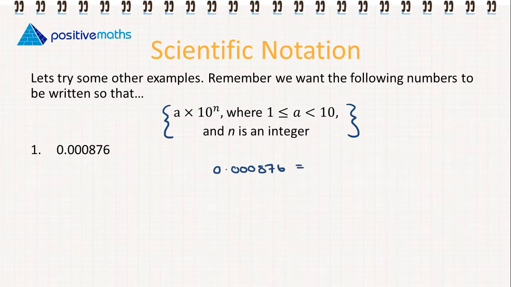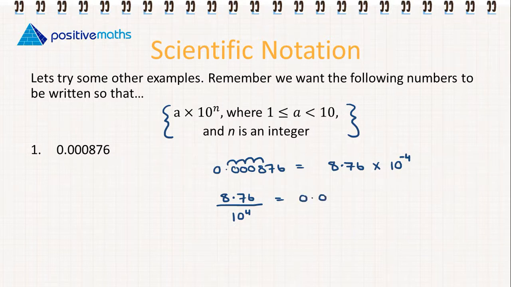First of all, my number between 1 and 10 is going to be 8.76. Now it's going to be multiplied by 10 to the power of, 1, 2, 3, 4 places, so it's going to be minus 4. Again, just to recap, that is because 8.76 divided by 10 to the power of 4 is going to give us 0.000876.